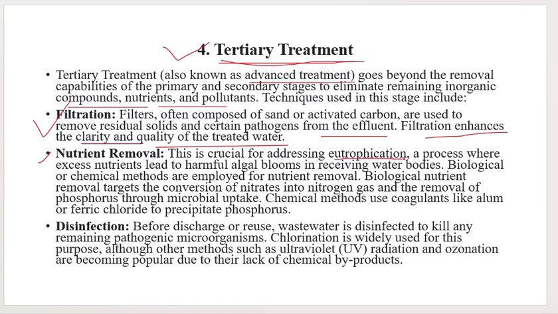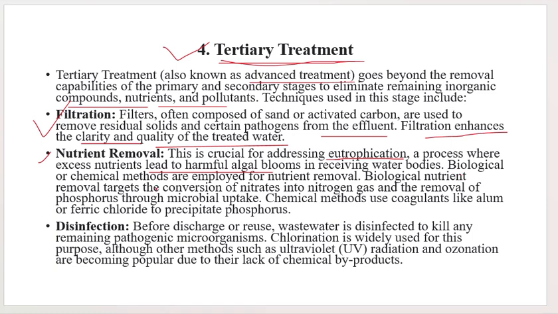It's lots of algal bloom due to the presence of excessive nutrients. I'll tell you in detail in the next class about eutrophication and other important terminology. So this is crucial for addressing eutrophication, a process where excess nutrients lead to harmful algal blooms in receiving water bodies.